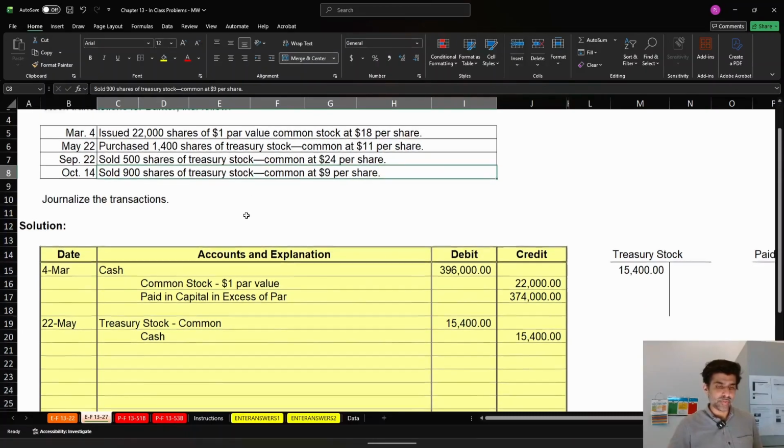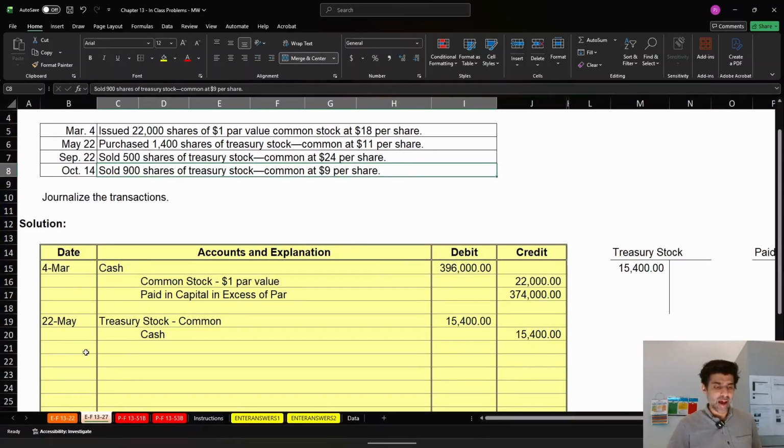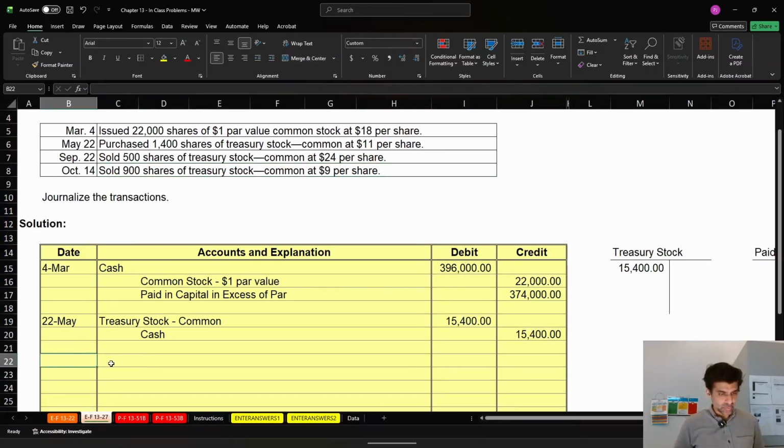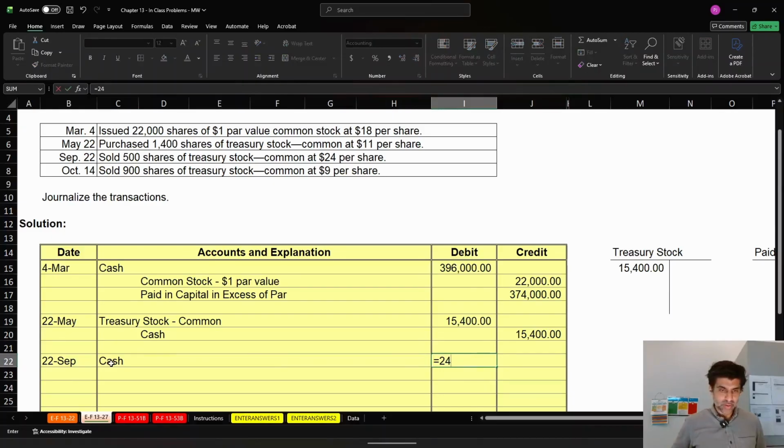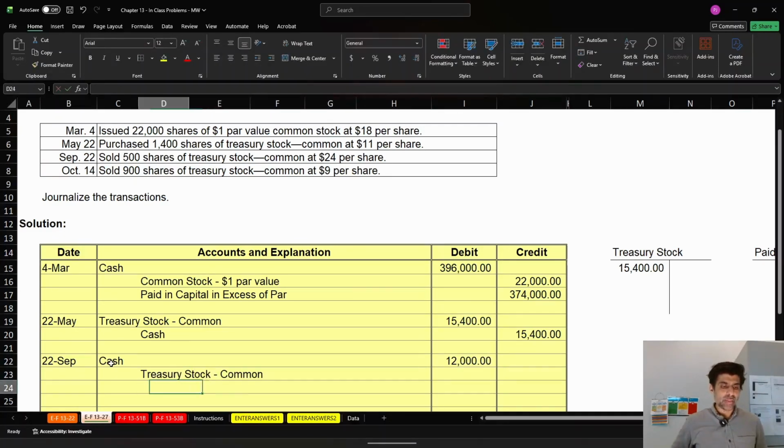Okay, so let's just go through the steps here. So we're receiving cash. This is on September 22nd. We're going to get cash, $24 a share times 500 shares. We're giving up treasury stock. And again, this account is always going to be accounted for at the cost basis, like the cost per share.